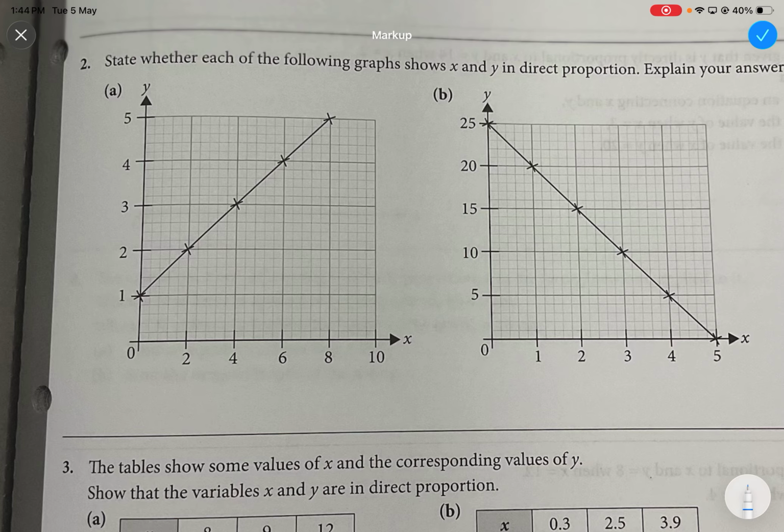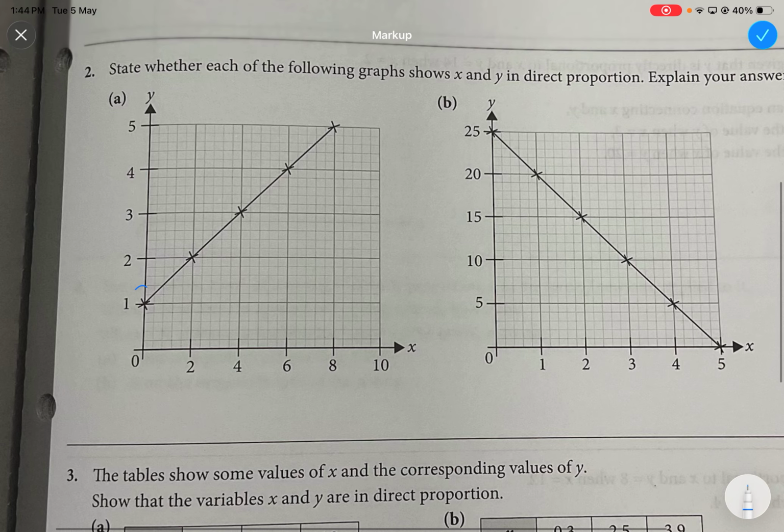Shall we continue? Are they in direct proportion? Okay, we have to go to their values. So at this point here, my x is 0, my y is 1.